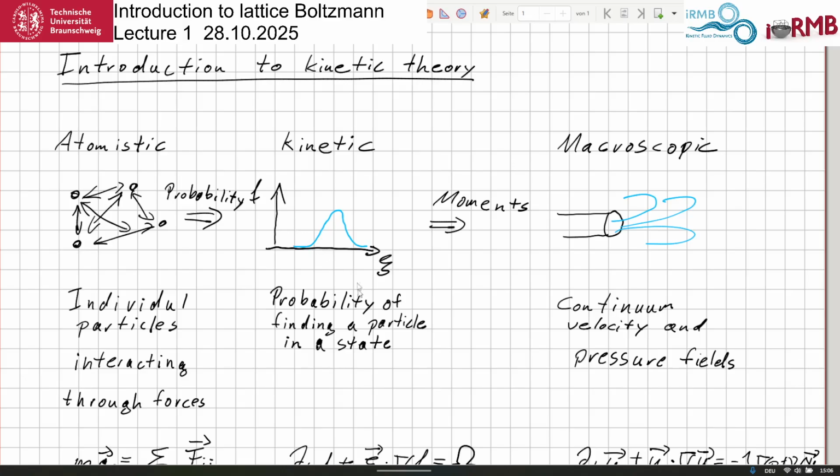So the kinetic theory is somewhere in between, and you could see it as follows. You have these individual atoms, and instead of following all the particles, you describe the state of matter as a probability to find a particle in a certain state.